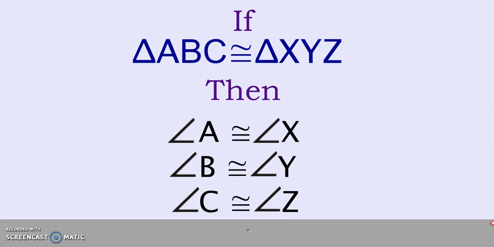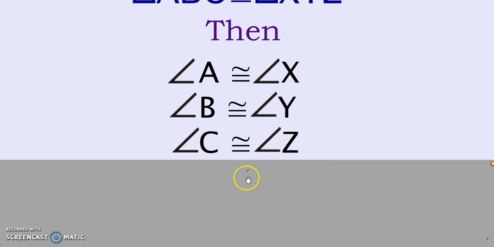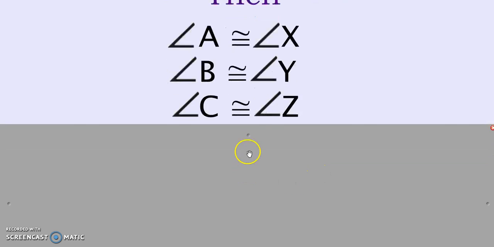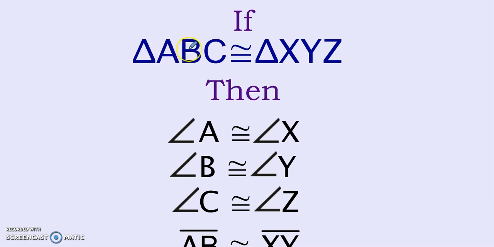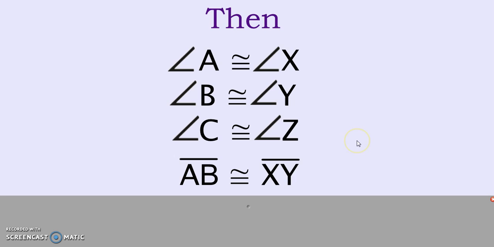The other things that we can conclude, so those are all the congruent angles, we can also conclude what sides are congruent. And so my statement's going to go away, but still based on order. So AB is congruent to XY. These are segments. So we have AB, first and second, is congruent to XY, which is first and second.